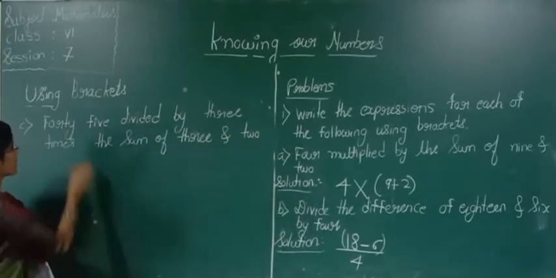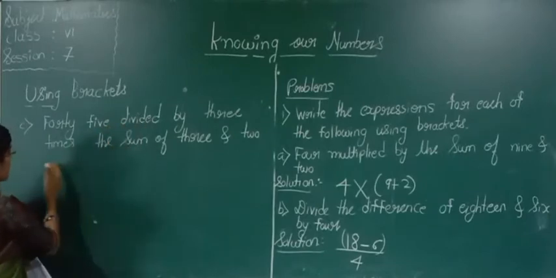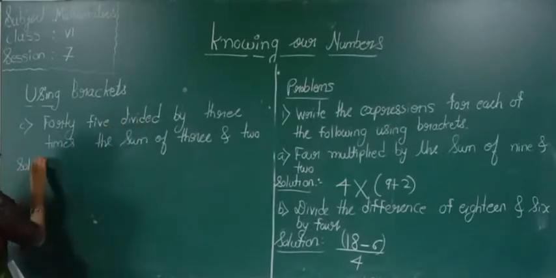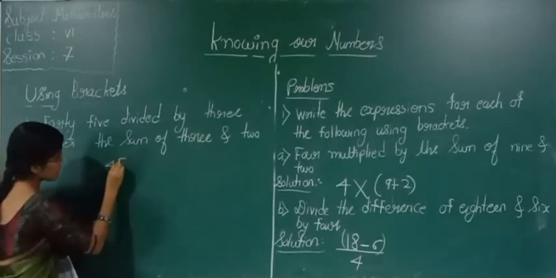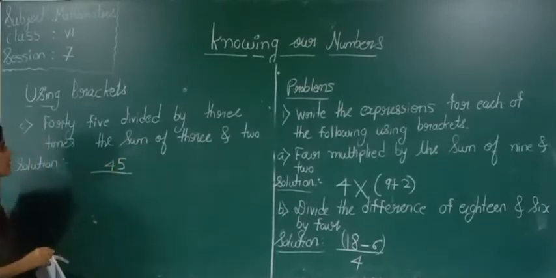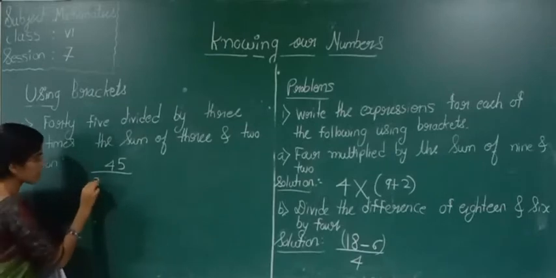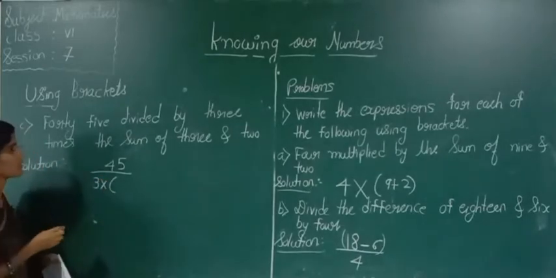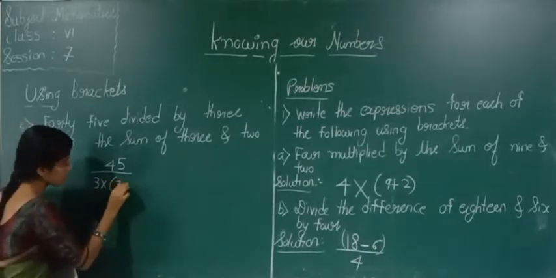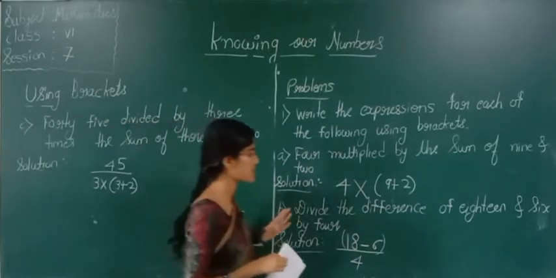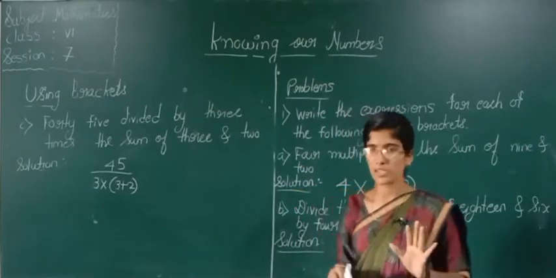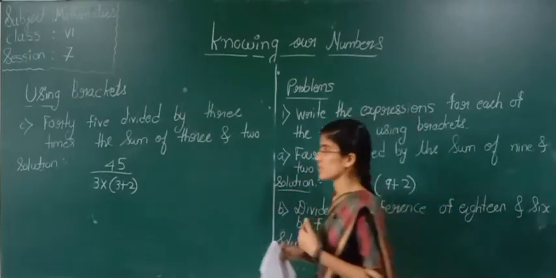Now see, I will write a solution. 45 divided by 3 times means 3 multiplied by the sum of 3 and 2. Okay, they were just told to write the expressions using brackets, they were not told to calculate all this.